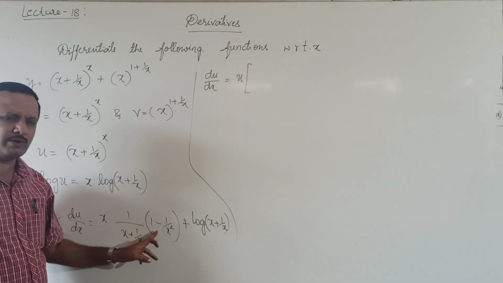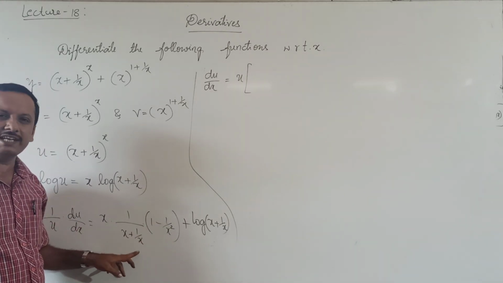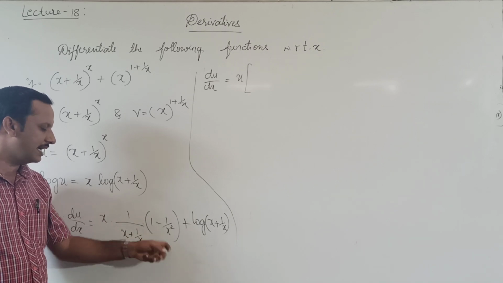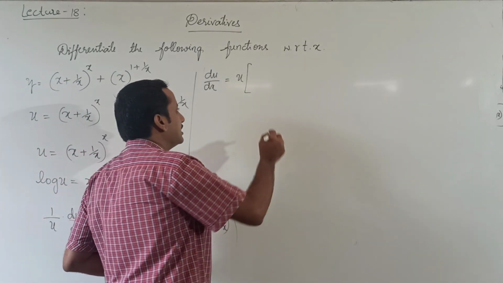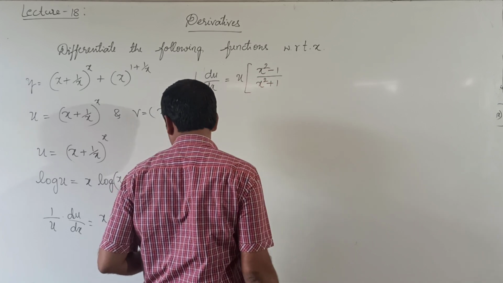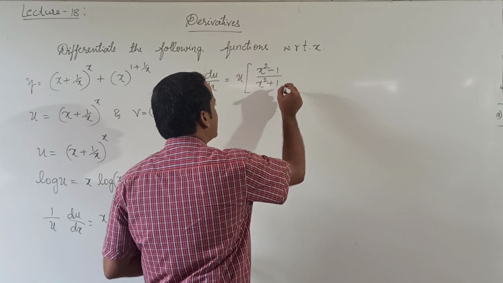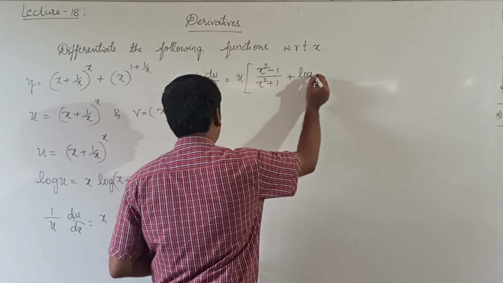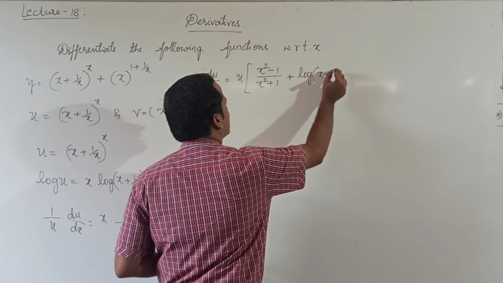Here x square minus 1 by x square. This x which is in the denominator will come up. So x square, that x square gets cancelled. So after all the simplification, I can write this as x square minus 1 divided by x square plus 1 plus log (x plus 1 by x).